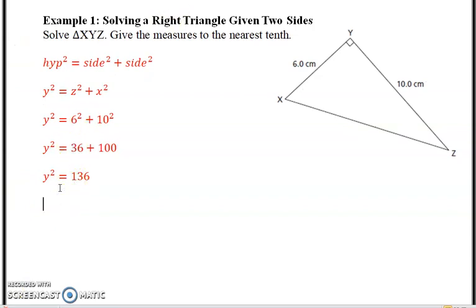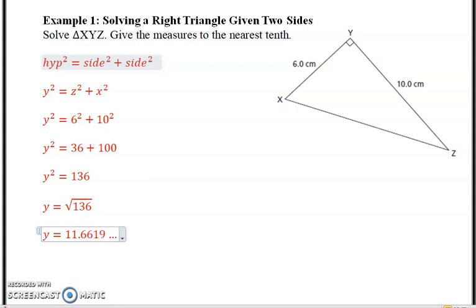So now what we'll do is we'll take the square root of both sides. So we get y equals square root of 136, and you punch it on your calculator. Get 11.6619, and so on.